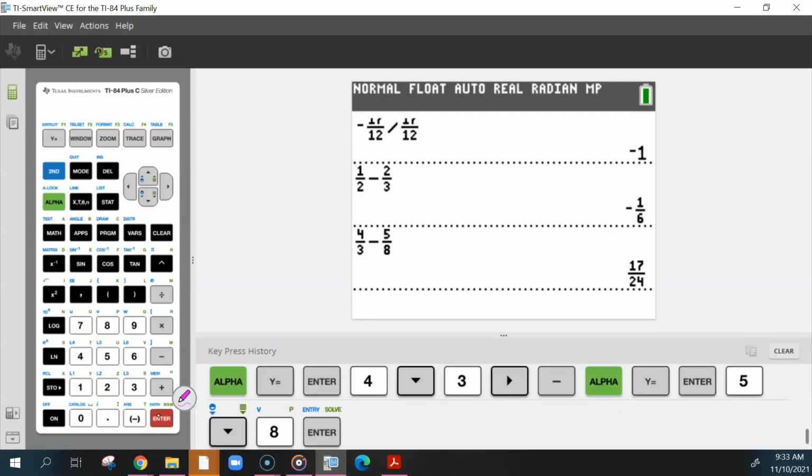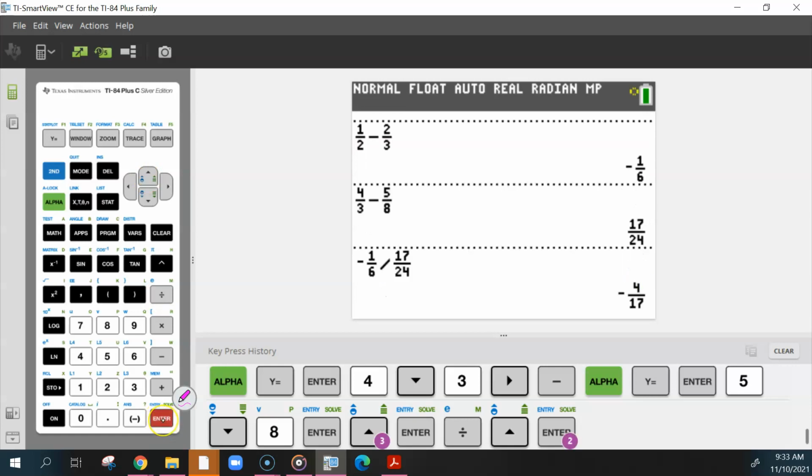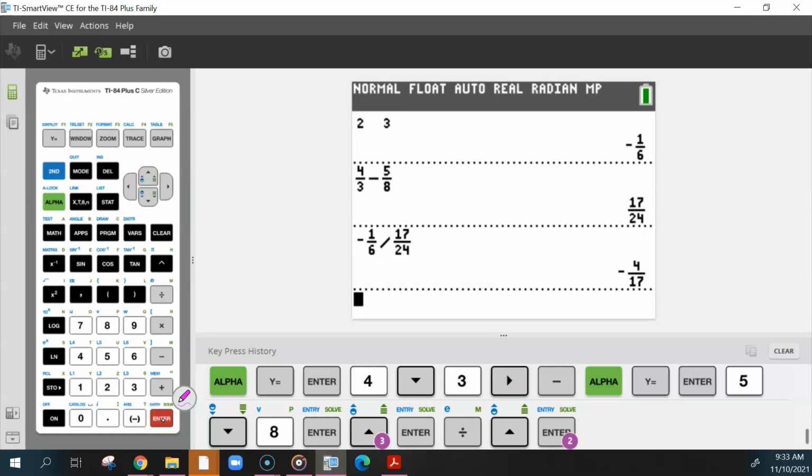Take this and divide it by this. What's nice about your calculator when you put these in is that whatever it is, it simplifies it for you. So the slope for this, after doing all of the work, if you did it by hand, would be -4/17.